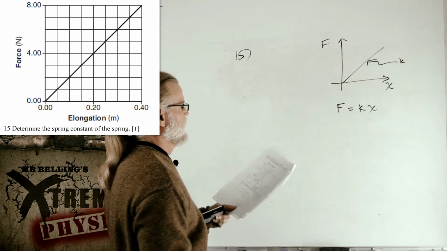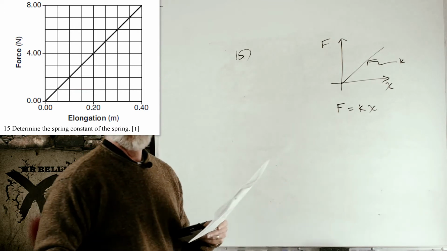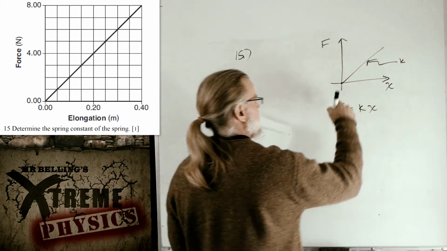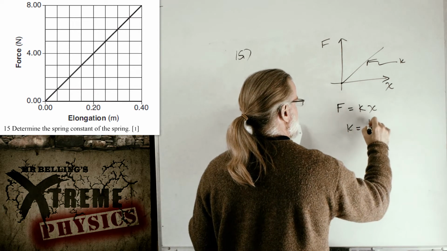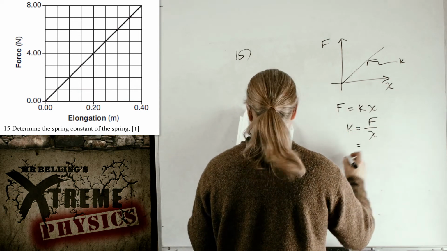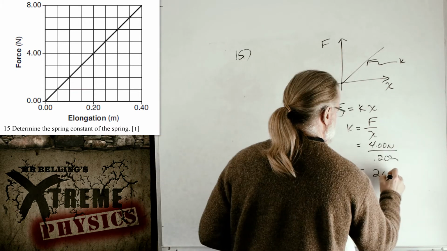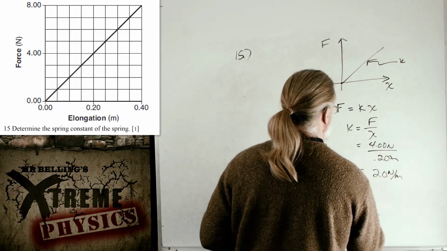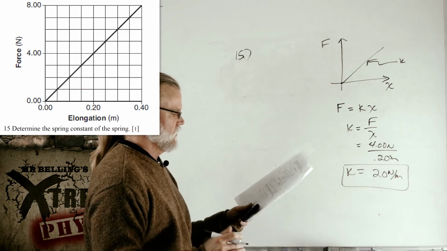That's Hooke's law. Since it goes through the origin, we can use 0, 0 as a point, so we don't necessarily have to calculate the slope. We can just say the spring constant is F over x. Pick any point. I will choose 20 newtons per meter is the spring constant. Spring constant is 20 newtons per meter.